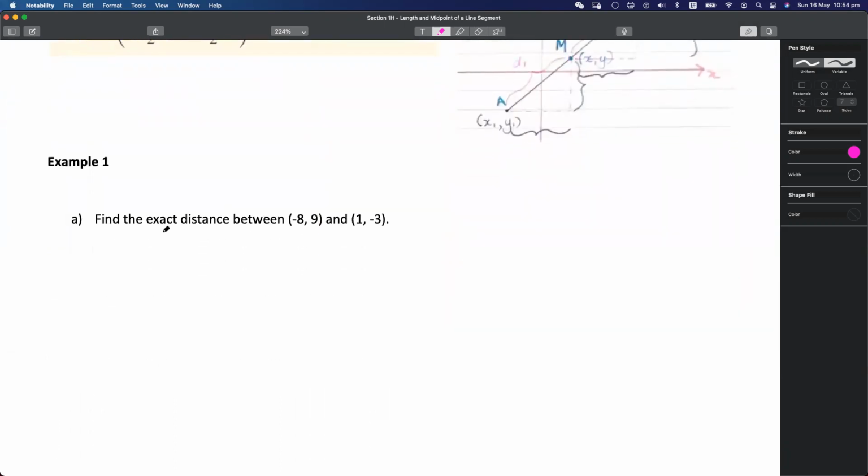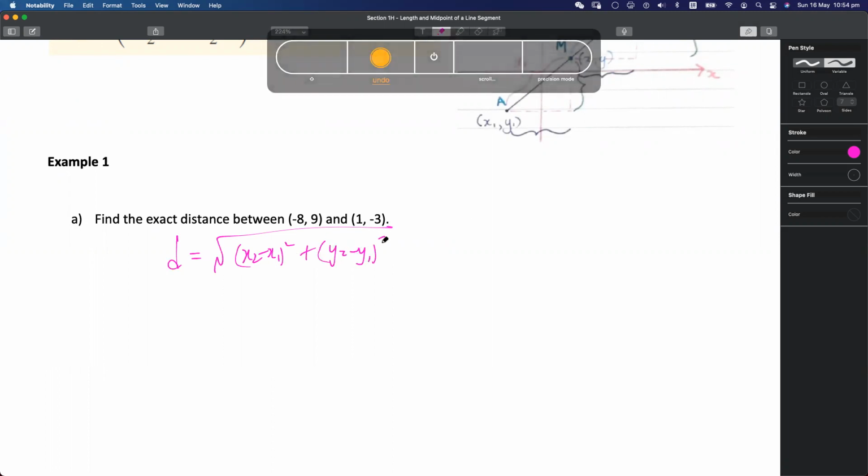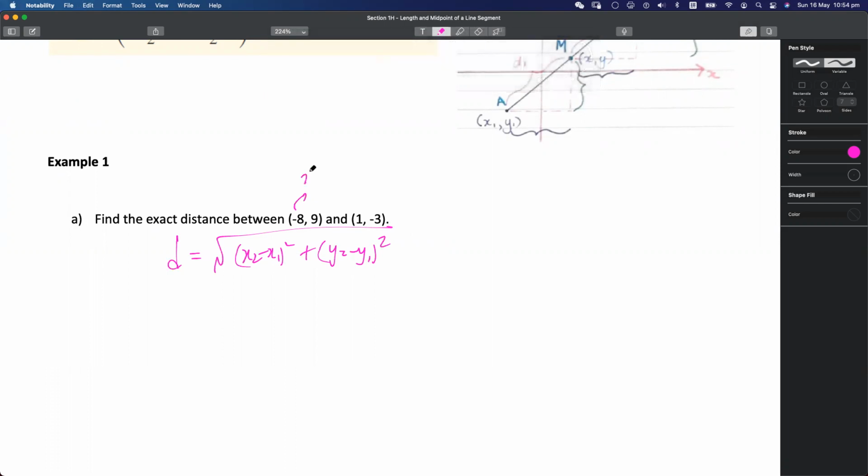Example 1. Find the exact distance between (-8, 9) and (1, -3). The distance formula tells us distance equals the square root of (x2 minus x1) squared plus (y2 minus y1) squared. So this is our x1, this is our y1, this is our x2, this is our y2.